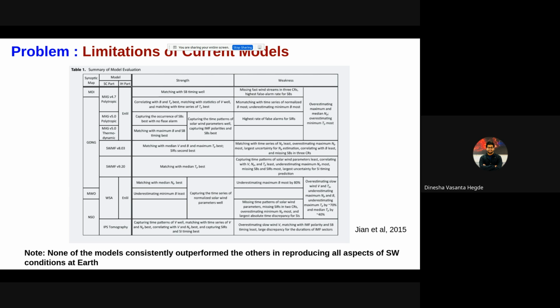But none of the models consistently outperformed the others in reproducing all aspects of solar wind conditions at Earth. That shows that, of course, we are missing a lot of things, and how to deal with this, we are still figuring out. So we need better models, better validation strategies, as well as better boundary condition handling. This is an ongoing issue with the background models.